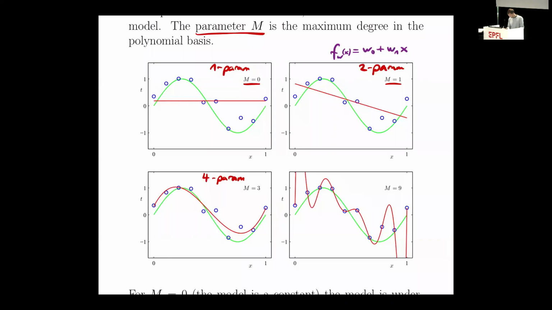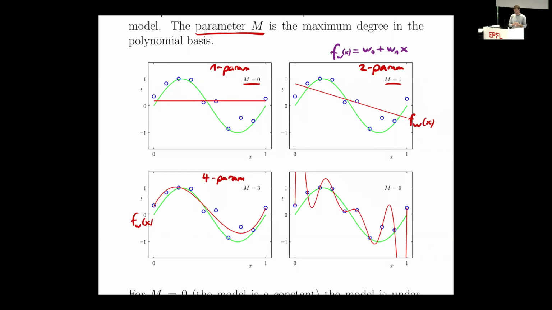Now the red curve looks pretty good. The red line is always FW of x, and here you see it fits the data quite well, the blue points. What's even more important is it seems to follow the same pattern as the green line. The green line is trying to indicate where the data truly comes from. We don't know in reality, but if you had infinite data and no noise, then you might ask whether there is an underlying model where nature has generated this data.